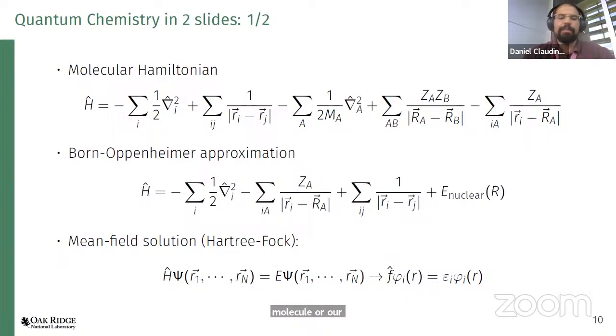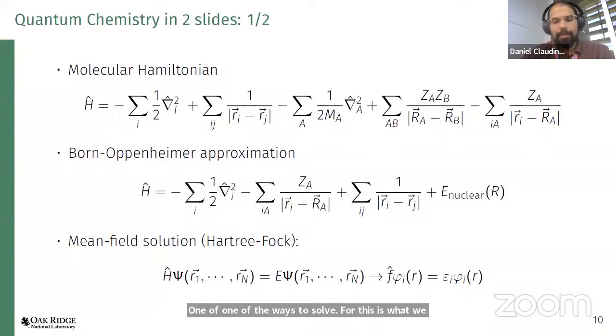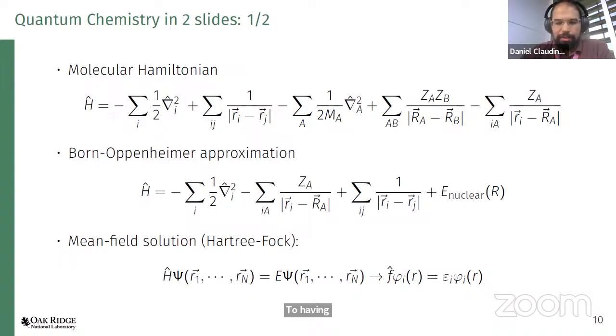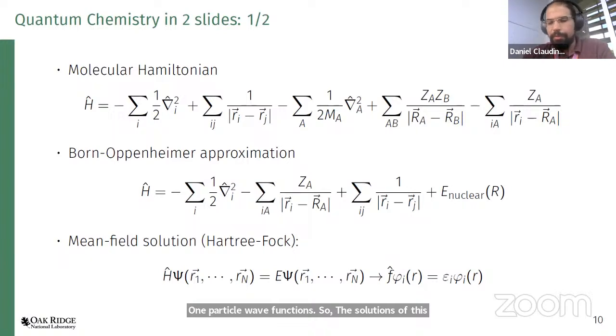Those are chosen, and then one of the ways to solve for this is what we call Hartree-Fock. It's a type of mean-field approximation in which we go from this expression on the left, which is solving a many-body wave function, to having n one-particle wave functions. The solutions of this problem are your molecular orbitals, and the pseudo energies here are orbital energies.